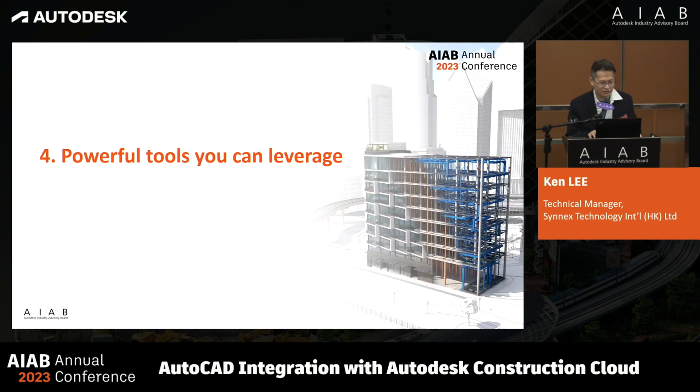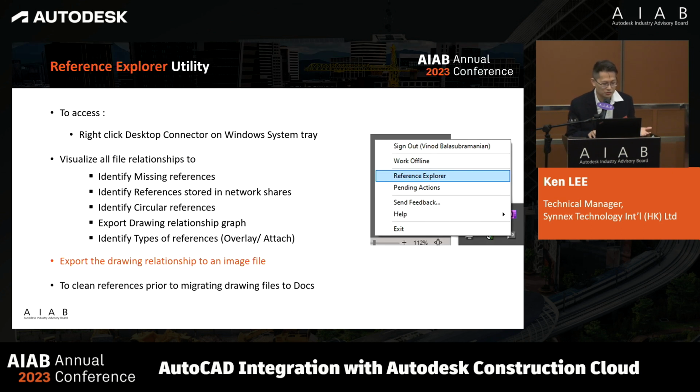And a powerful tool I would like to introduce to you is the Reference Explorer utility. This is embedded in the desktop connector. When you right-click in the System Tray and open the desktop connector, there is a utility called Reference Explorer. It is very powerful because we need to sort out the problematic drawings, especially the references.